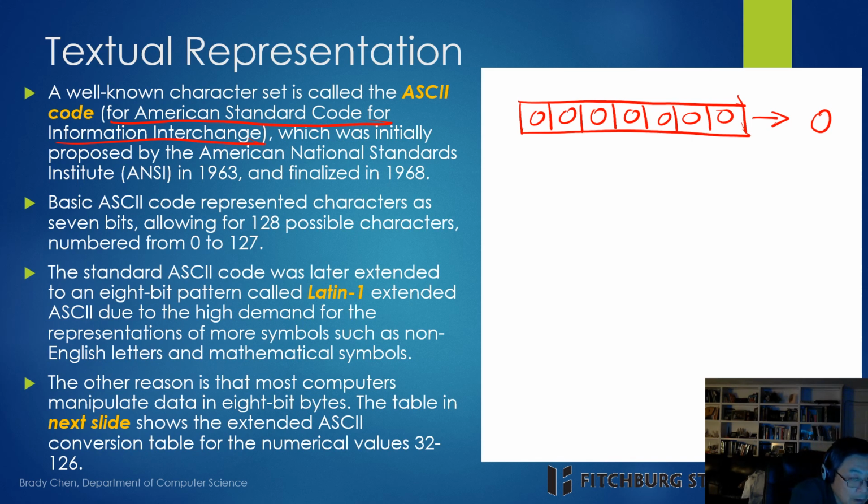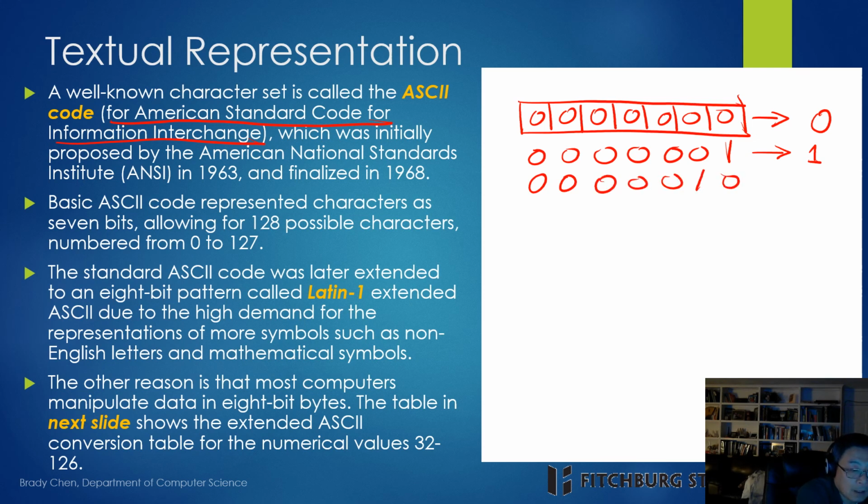Then we can continue to count. If we put 0, 0, 0, 0, 0, 0, 1, that maps to 1. And we can write the next value, which is 2: 0, 0, 0, 0, 0, 1, 0.